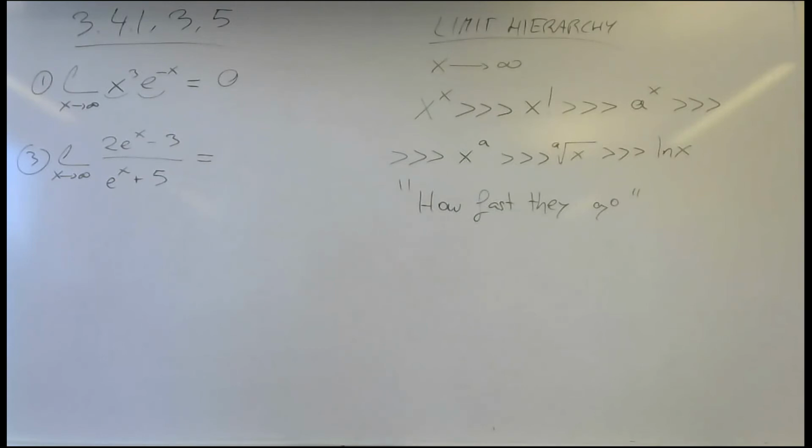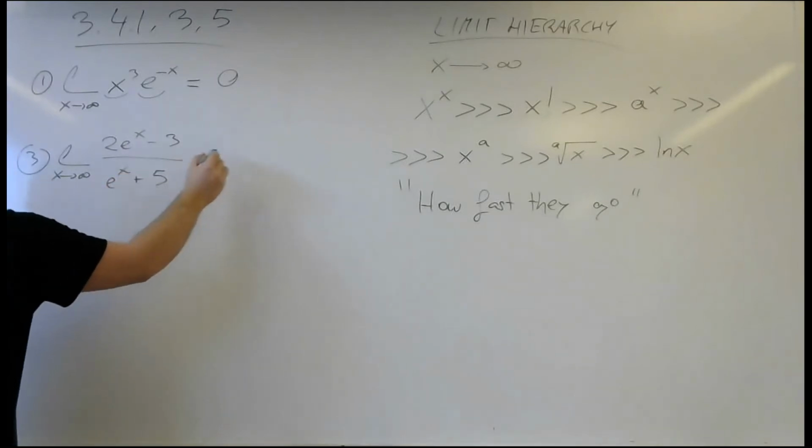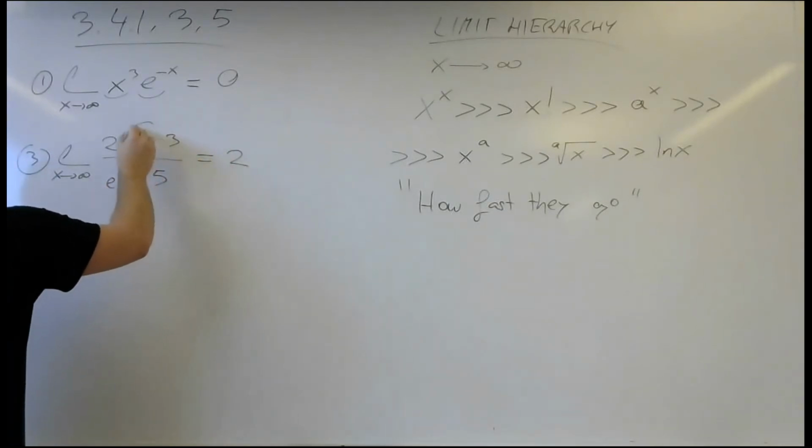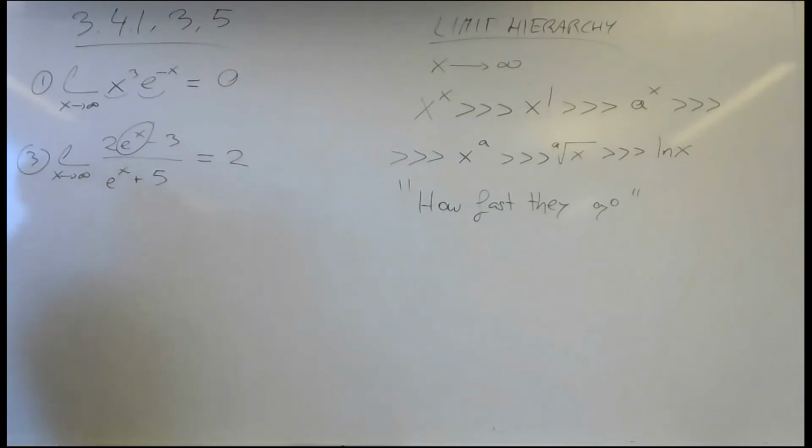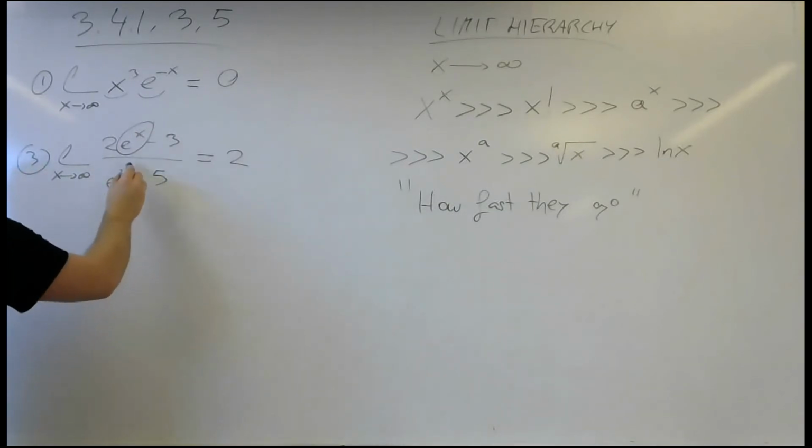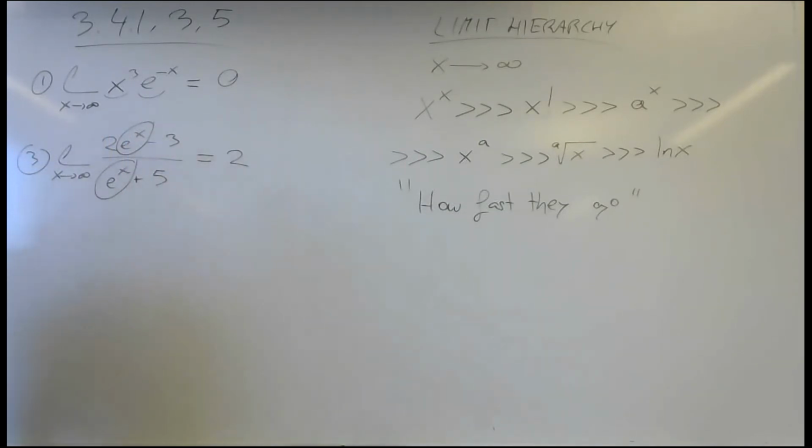Isn't it 2? It is 2 indeed. The reason is exponential in the numerator, exponential in the denominator. They have the same base, they have the same exponent, so they grow exactly at the same speed. This is the exact same case as when we had quotients of polynomials. The value of the limit is this beautiful thing over here.